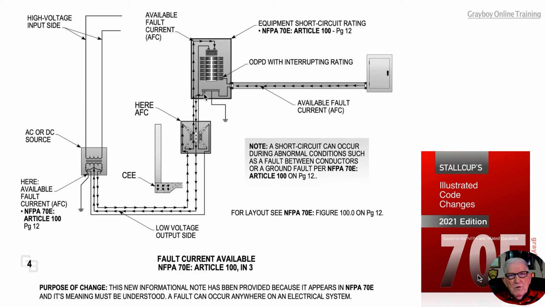But however, it may be required to be larger if there was a neutral involved by 220.61 of the NEC. And naturally, the larger of the two would be selected.